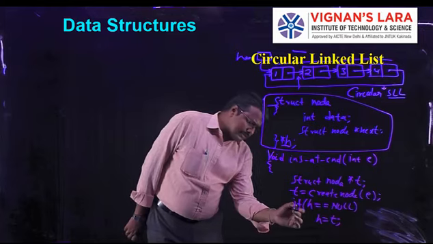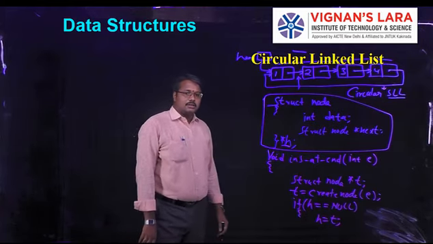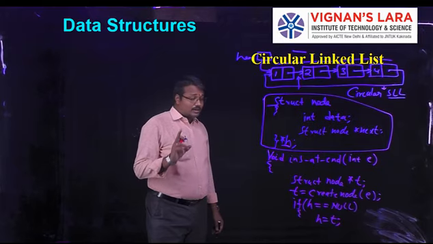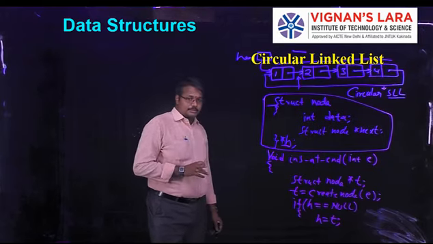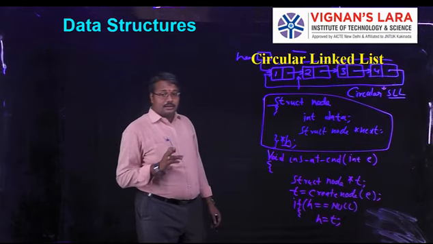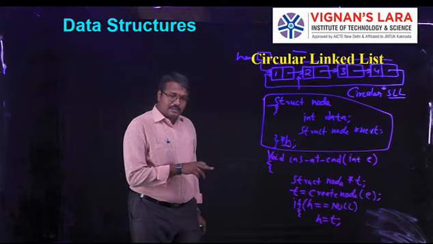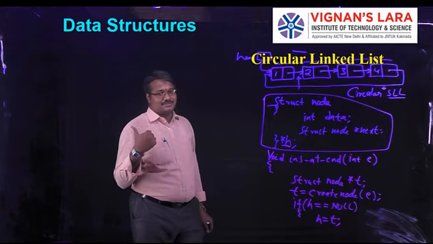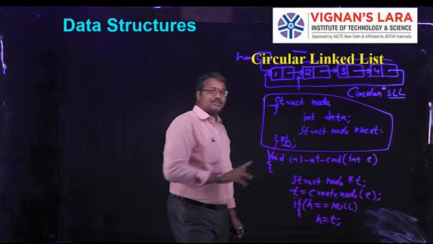But this is the same operation we did in the single linked list. But one change is there. The change is, in the circular linked list, the last node's next field consists of the starting node address. So at this time, this is the first node and this is the last node also.